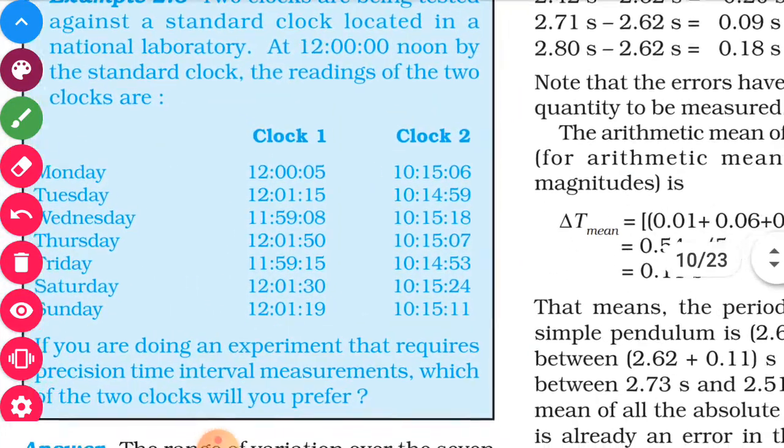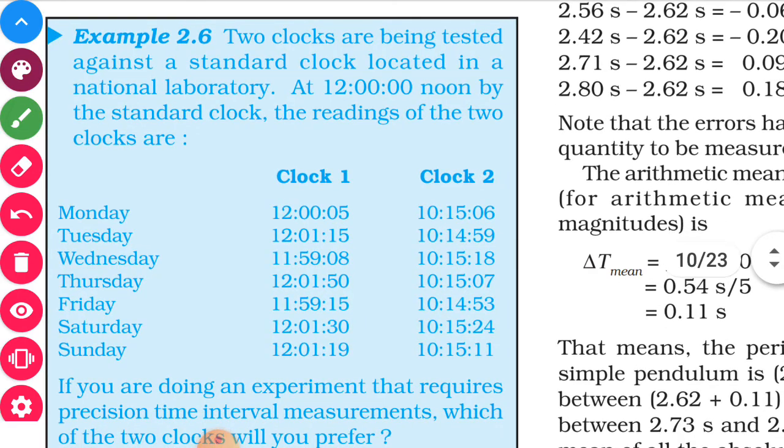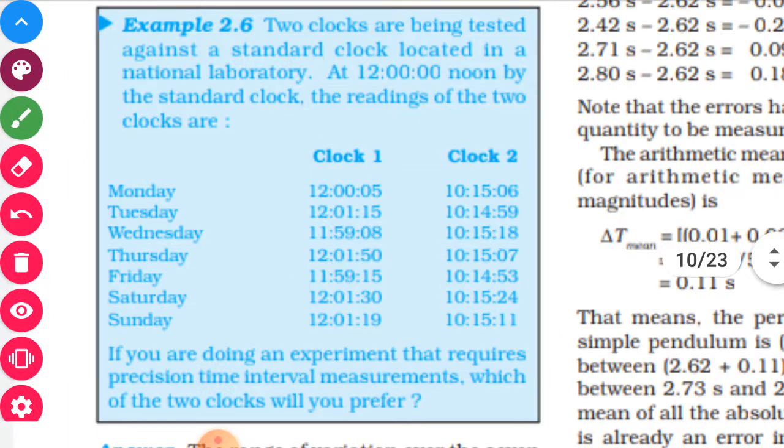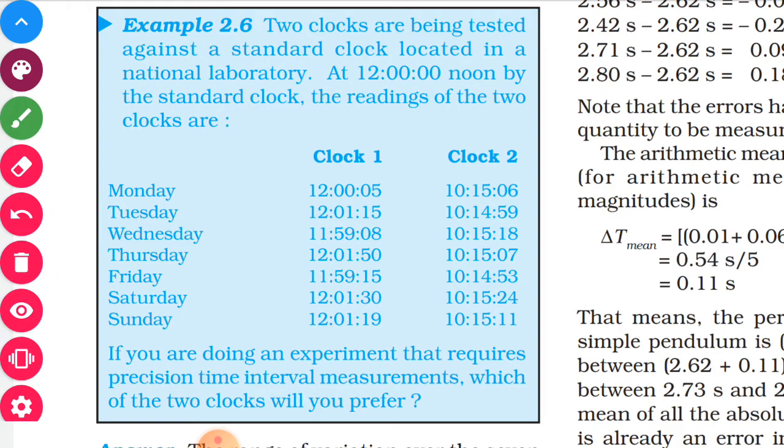Now see this, there are two clocks. They are tested against the standard clock located in a national laboratory. At 12 noon by the standard clock, the readings of the two clocks are given. Now 12 noon is the standard time which is taken.